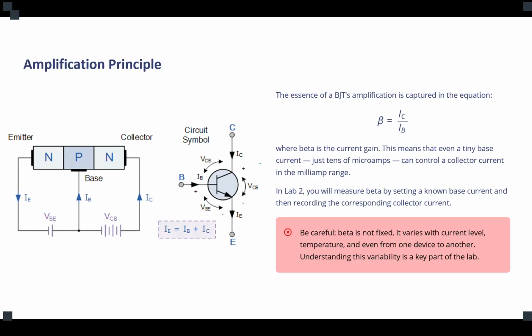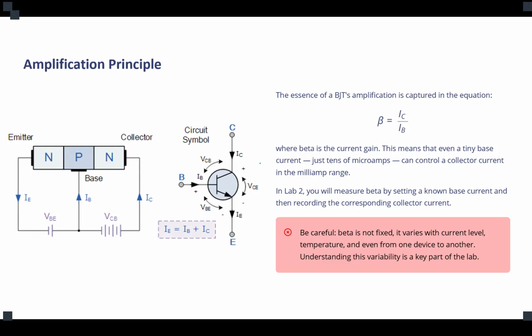But in a BJT, your base is directly connected to the semiconductor. So whatever current you inject into the base is injected into the channel between the collector and emitter. Conservation of energy, which in electrical engineering we call KCL, because whatever current is injected should be equal to whatever current we drain from that point.